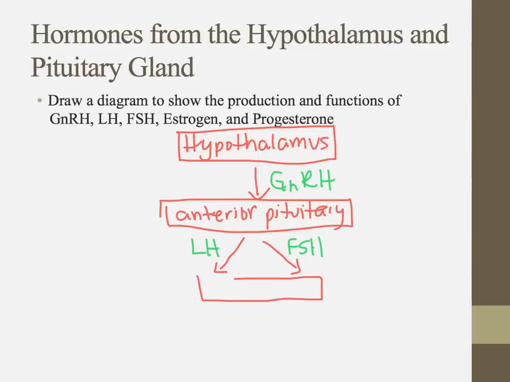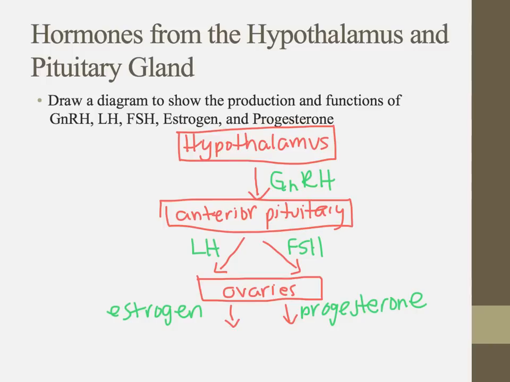Both of these hormones act on the ovaries, and they tell the ovaries to release hormones of their own, called estrogen and progesterone.